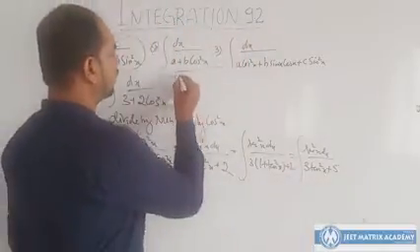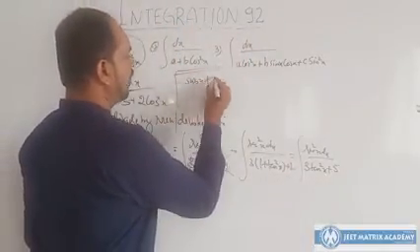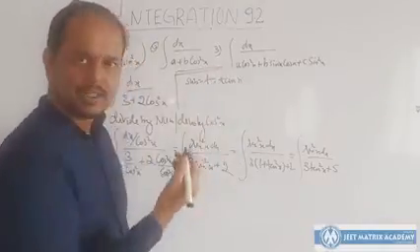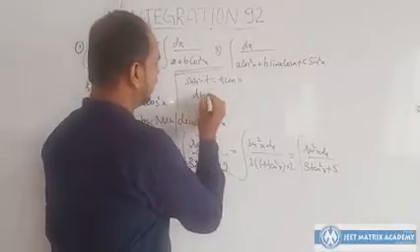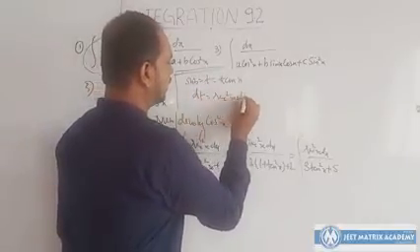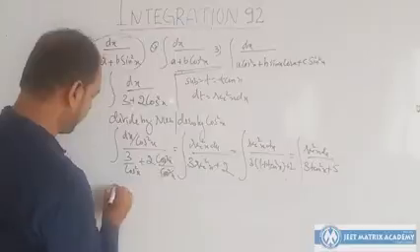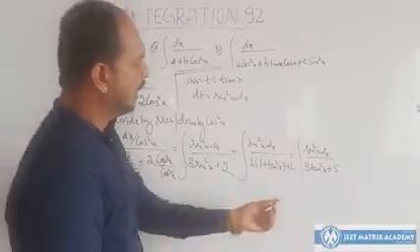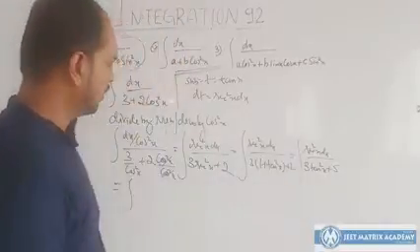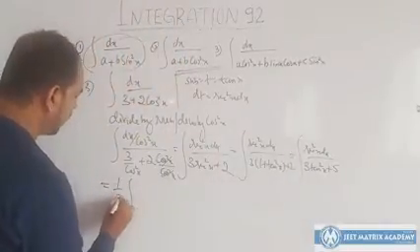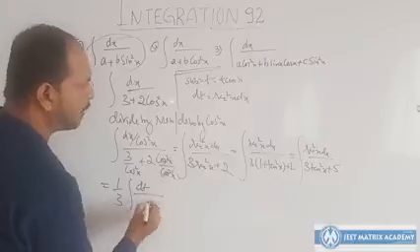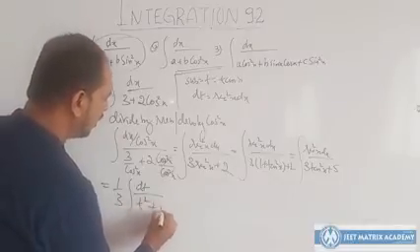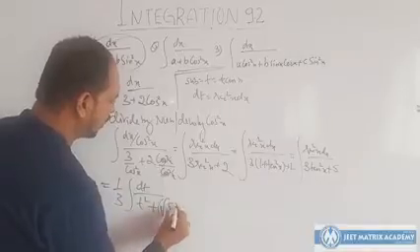Now substitute t equal to tan x, the standard method. So dt equal to sec square x dx. Replace the numerator and take 3 outside, so it will be 1 by 3, dt divided by t square plus root 5 by 3 whole square.